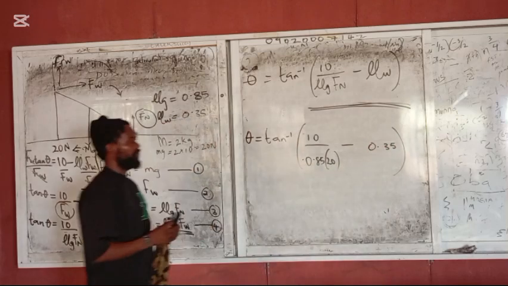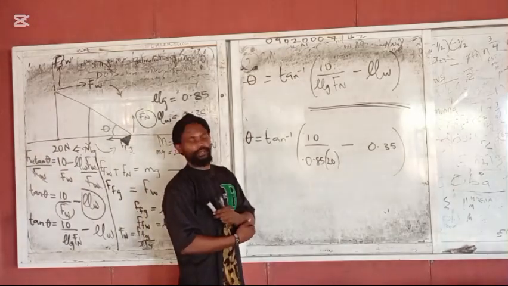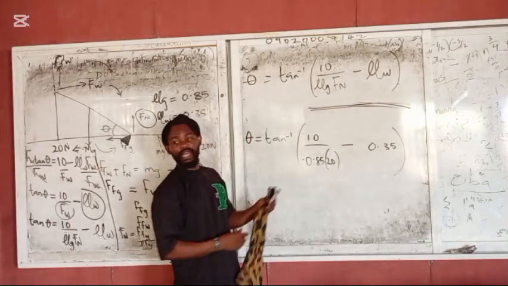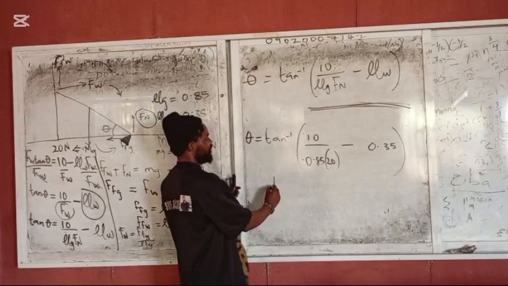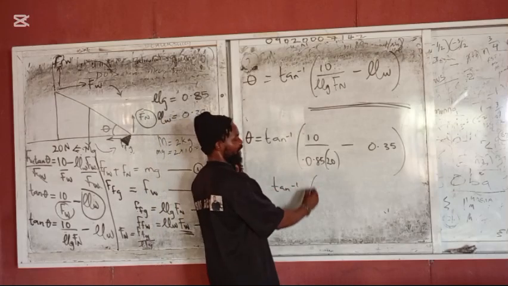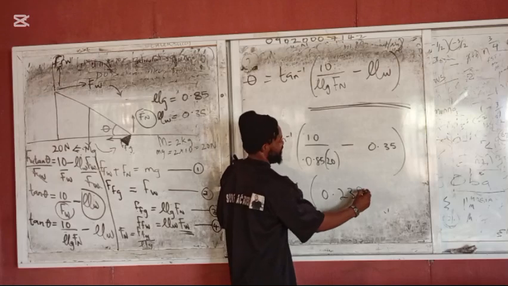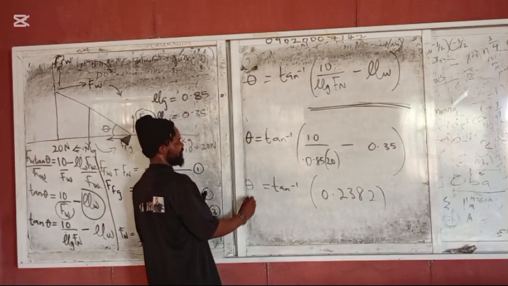And now punch for me. First of all, 0.85 times 20. Wait, everything. You did tan inverse of everything. No, not tan inverse. I'm saying over this. Okay, so the other answer is what? 0.238. Okay, madam, do the tan inverse.